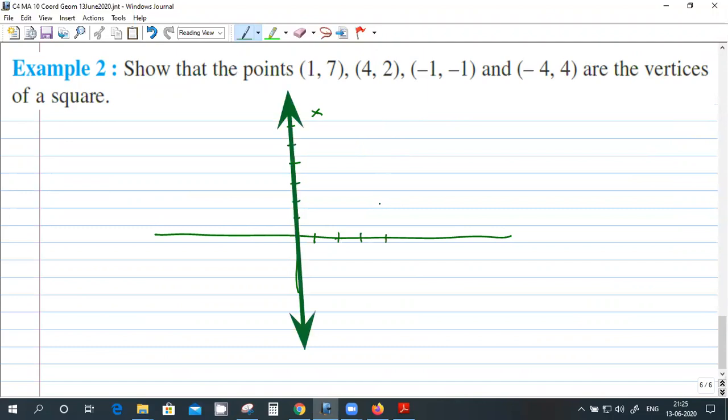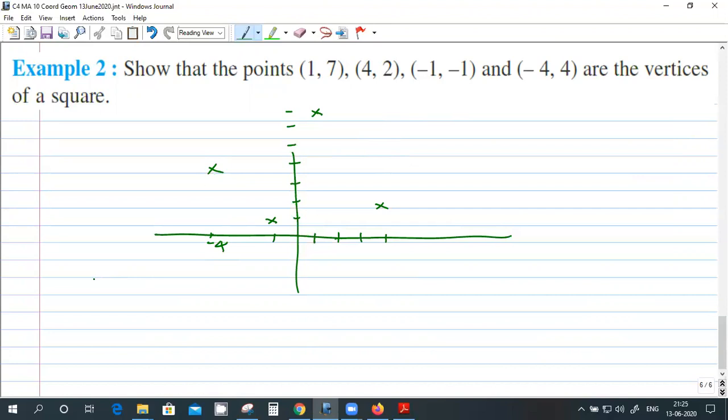Hold on. 4,2, and then minus 1, 1. Okay, and then minus 4, 4.